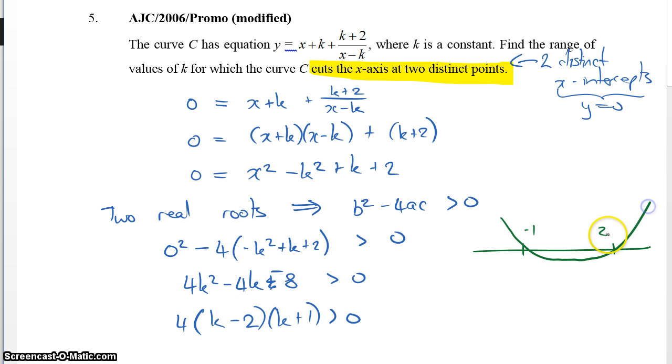I want where it is bigger than 0, so I want this region and this region, because that's where my curve is above the x-axis. So my final answer should be that k is less than -1, or that k is bigger than 2.